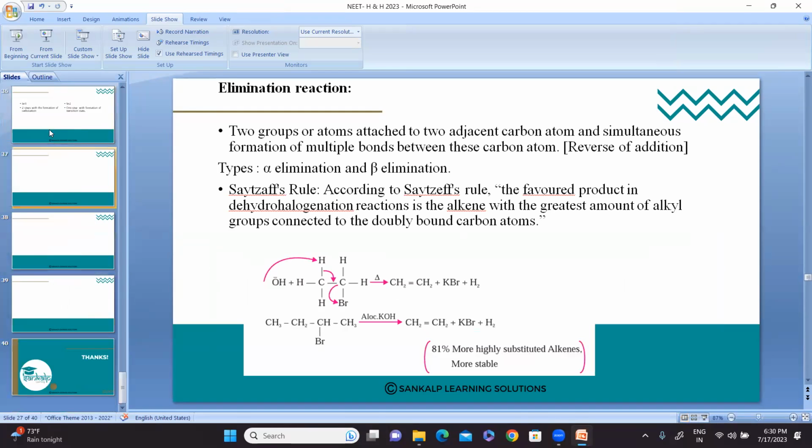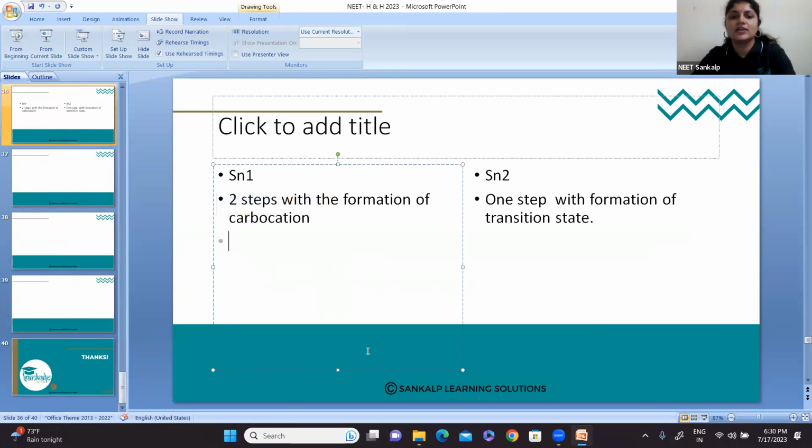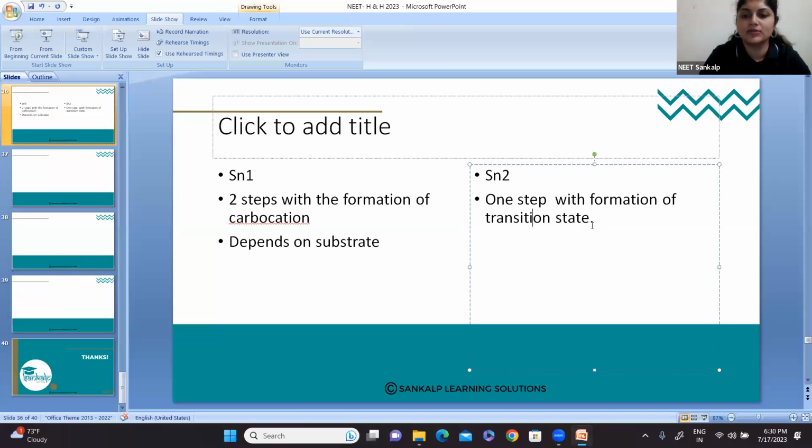SN2 depends on both the alkyl halide and the nucleophile. So the rate of the reaction in SN2 depends on both nucleophile and substrate.